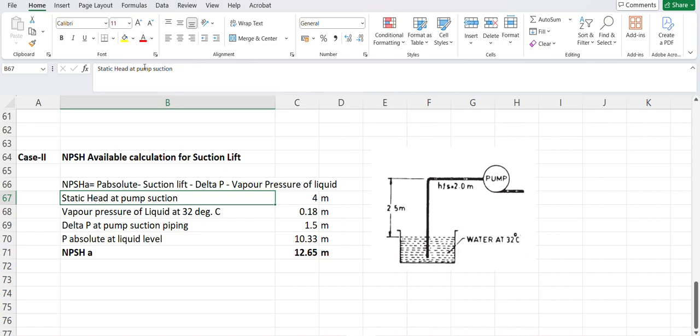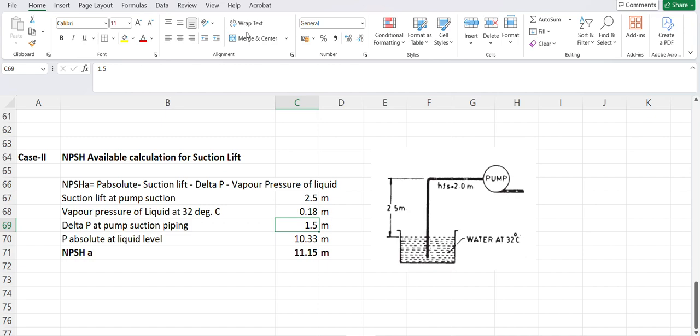So I'll just update it here: suction lift at pump suction. The rest of the fundamental concept is the same. Suction lift is 2.5 meter, then the vapor pressure of water we can keep as it is, 0.18 at 32 degrees Celsius.